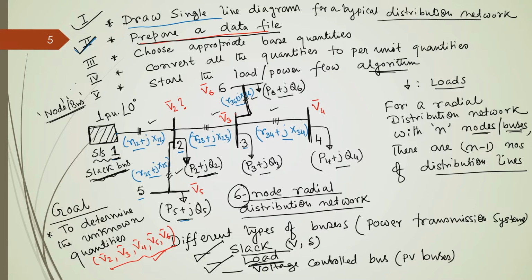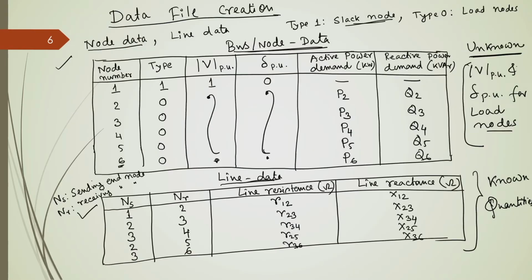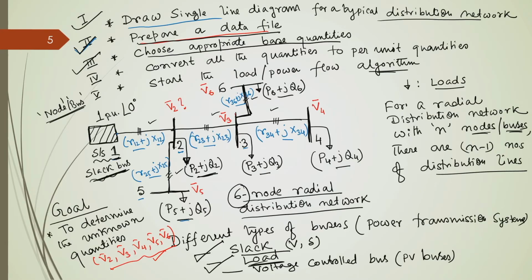Now, the next steps are to choose appropriate base quantities and convert all the specified quantities to per unit quantities.